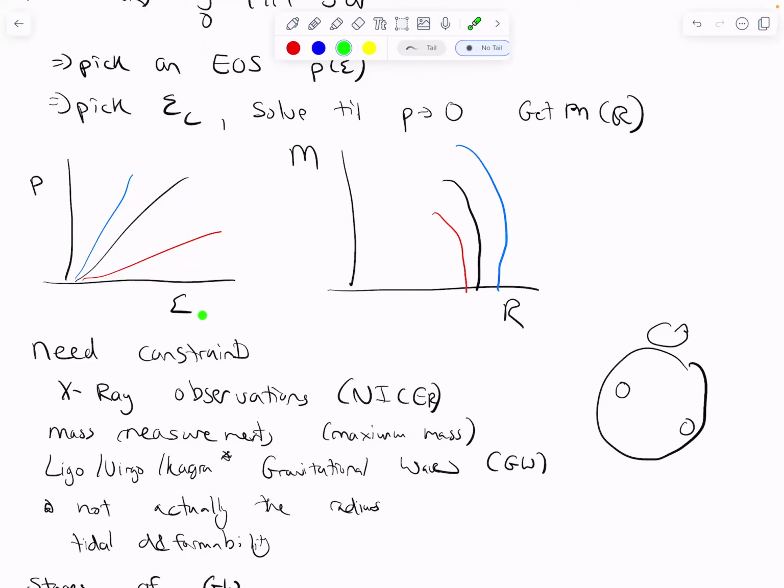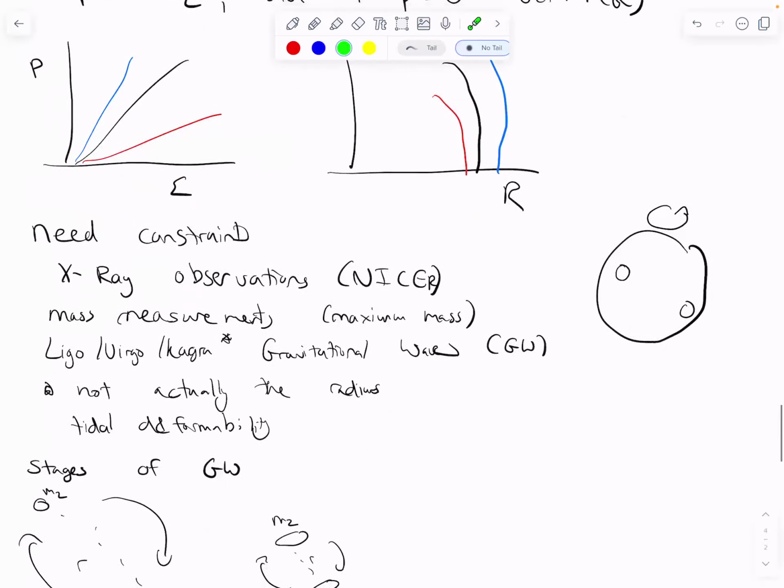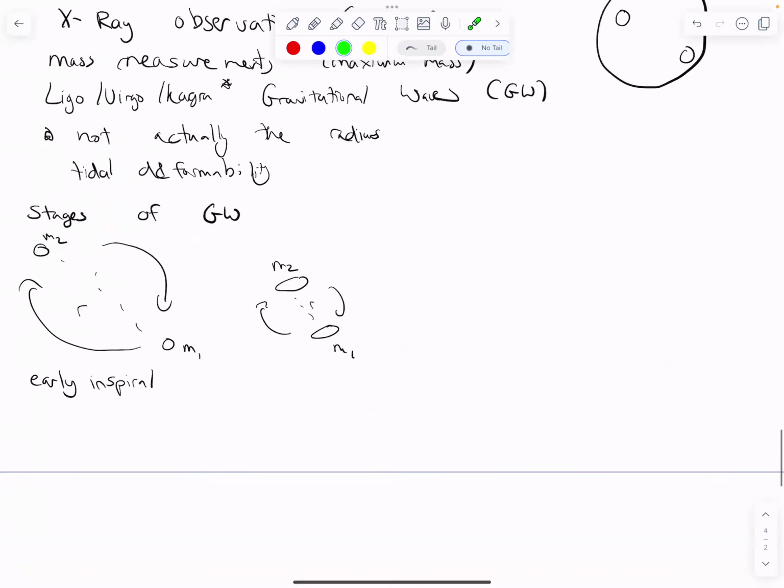It could be flat, but it's not going to decrease unless you have something that's unstable. So the point is that we generally expect that for more massive stars, they squish less, and less massive stars, they squish more. It's kind of a good rule of thumb, although there's some ways to break that.